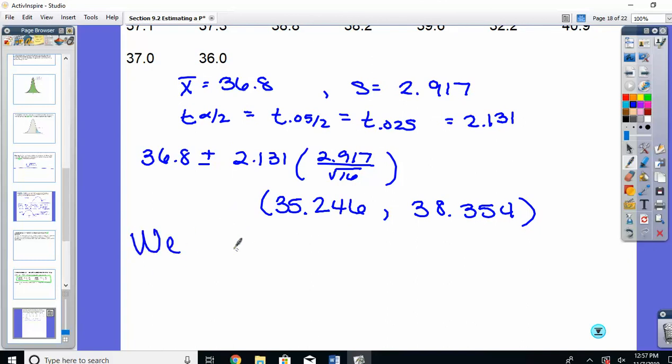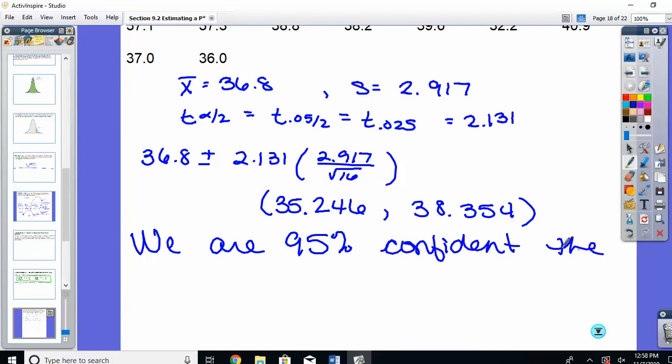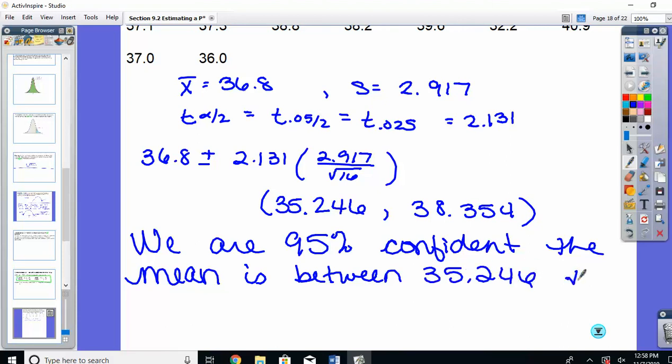So it means we are 95% confident the mean, so the true mean, is between 35.246 and 38.354. So this is extremely similar to what we were doing, except you are using the table for T instead of Z.